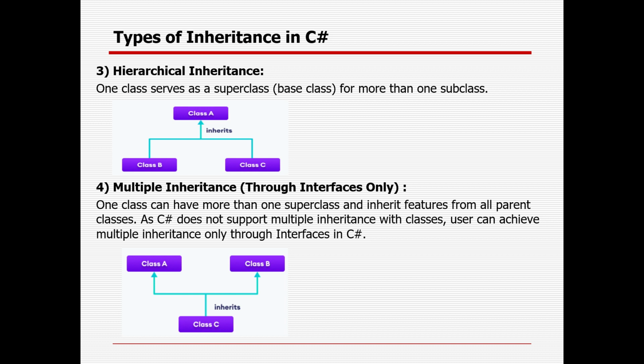But C# does not support multiple inheritance with classes, but the user can achieve multiple inheritance only through interfaces in C#. So multiple inheritance in C# is only possible through interfaces, but not for classes. Whenever I cover interfaces, I'll show you how you can establish multiple inheritance in C# with the help of interfaces.